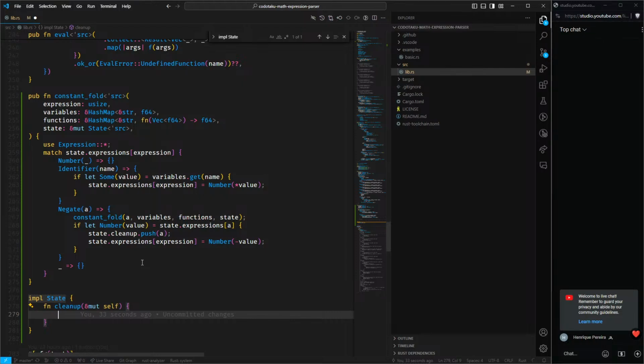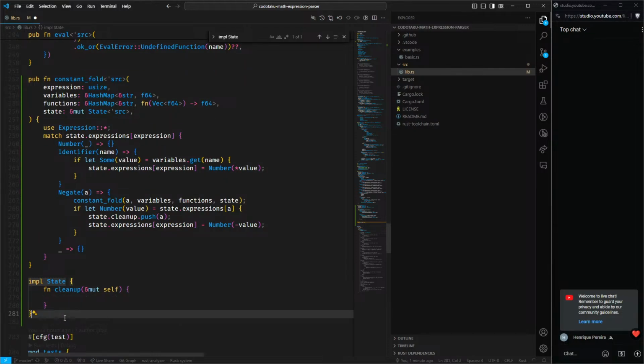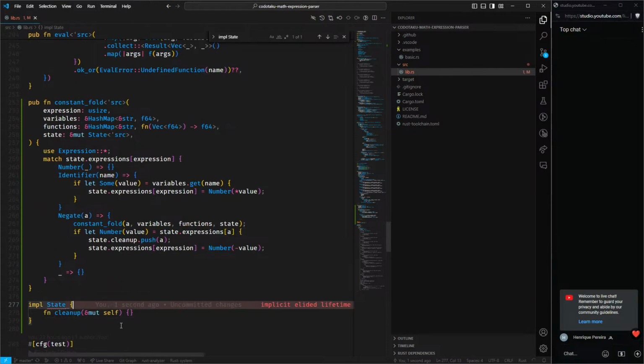Because they would all be pushed left. So you gotta make sure that those expressions aren't used. Interesting. Well, I guess we gotta care about that later on, right? So implicit deleted lifetime, okay.